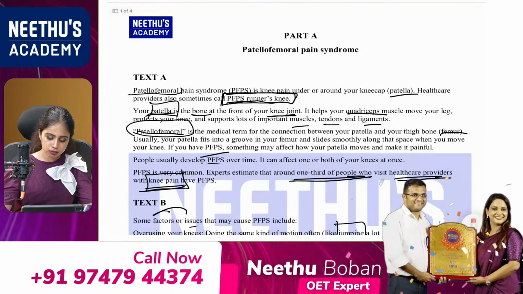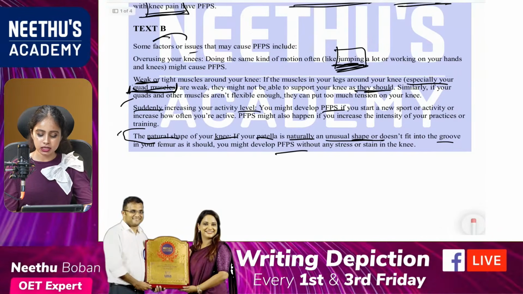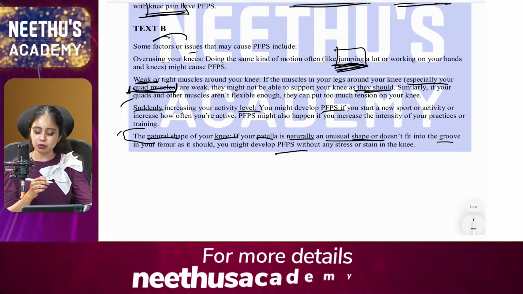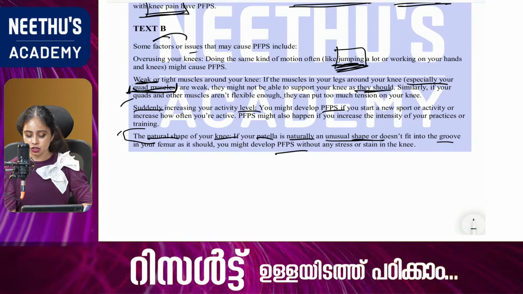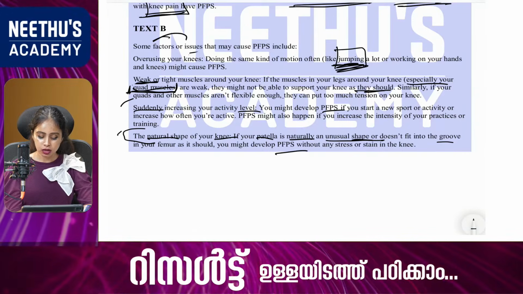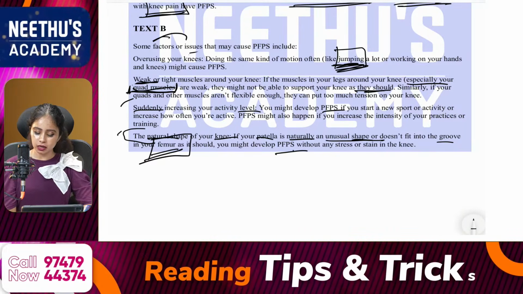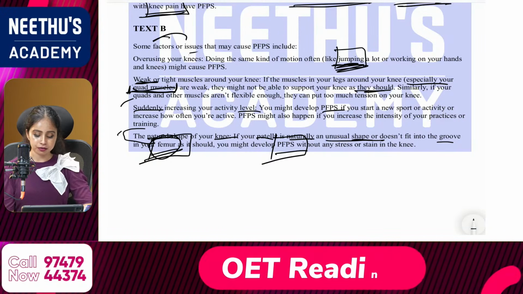It is from text B, the last one, natural shape of your knee. If it is an unusual shape or doesn't fit into the groove in your femur as it should, you might develop PFPS. So the answer is femur.